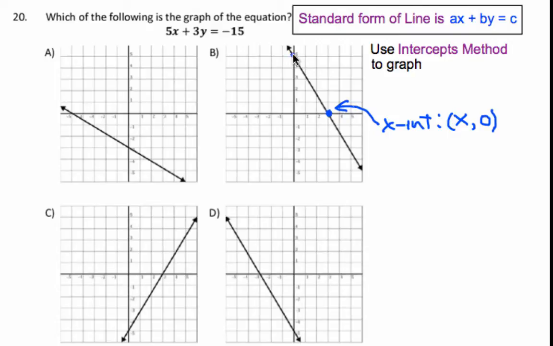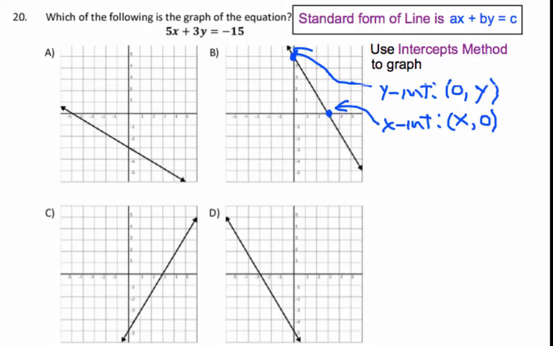And similarly, the point where the graph crosses the y-axis is referred to as the y-intercept. And you know that the x will be 0 there because a point on the y-axis has not gone left or right of the y-axis, and the y will be whatever it will be. Now we will have identified 2 points, the 2 intercepts, and 2 points define a unique line.